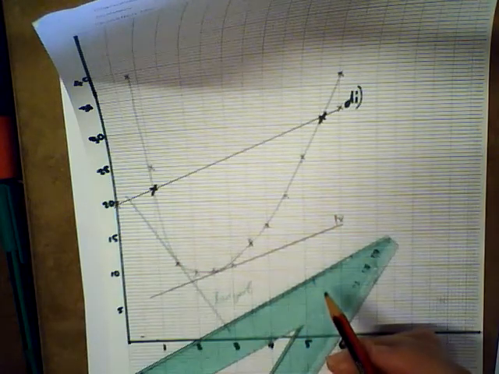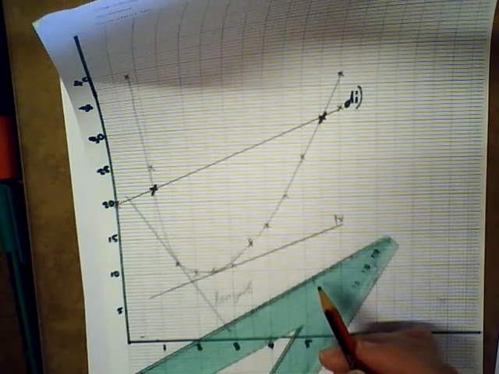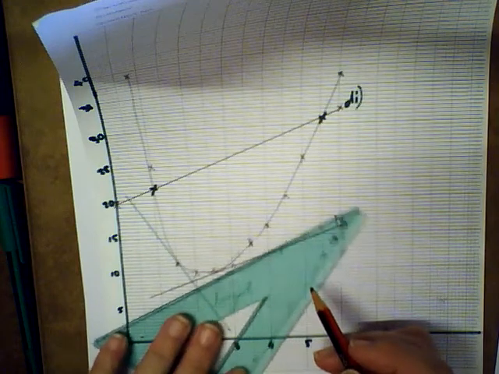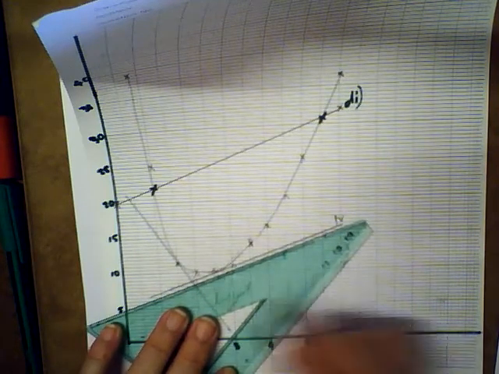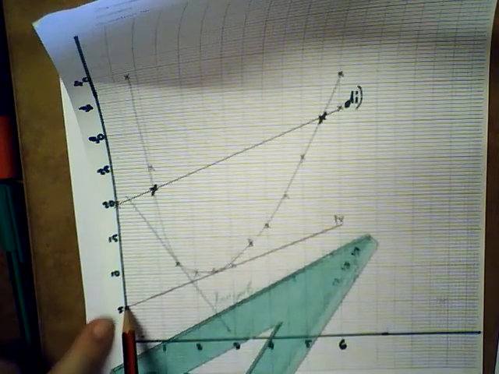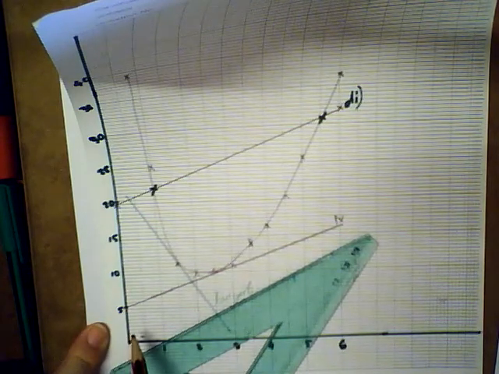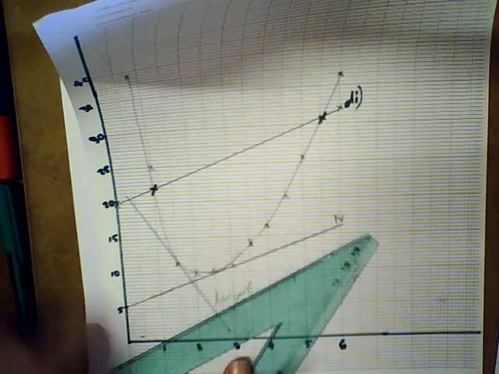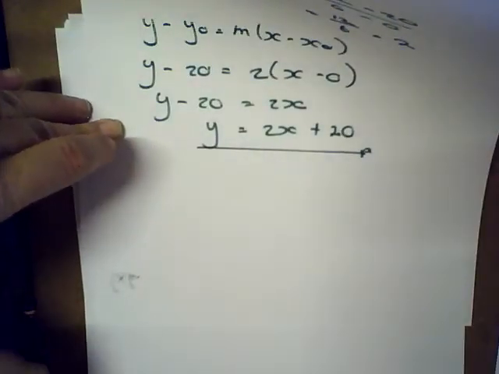Okay, write down the equation of this tangent line. So we've got to find the equation of this tangent line. It would have the same gradient, and we can just find the y-intercept, and that is 5 in this case. And let us quickly do that.